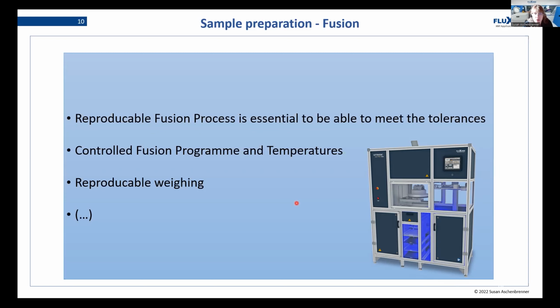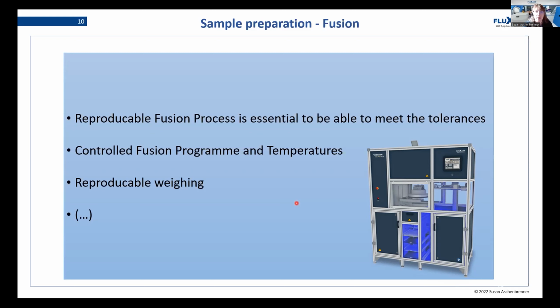And also, one thing a lot of people are not thinking about is you also have to weigh reproducibly. Your balance has to be checked. The people who are doing the weighing process have to be able to do it in a way that is of some quality and reproducible.